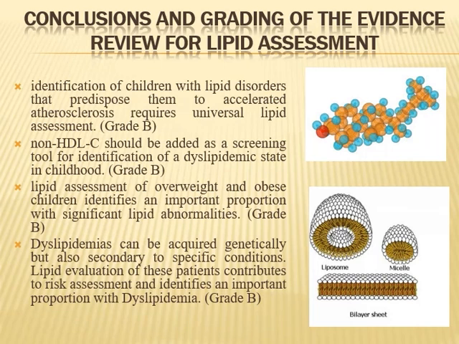Dyslipidemias can be acquired genetically, but also secondary to specific conditions. Lipid evaluation of patients with special risk diagnosis for accelerated atherosclerosis contributes to risk assessment and identifies an important proportion with dyslipidemia.